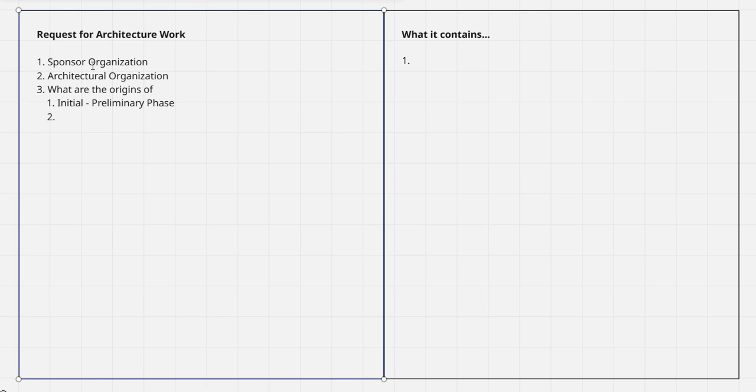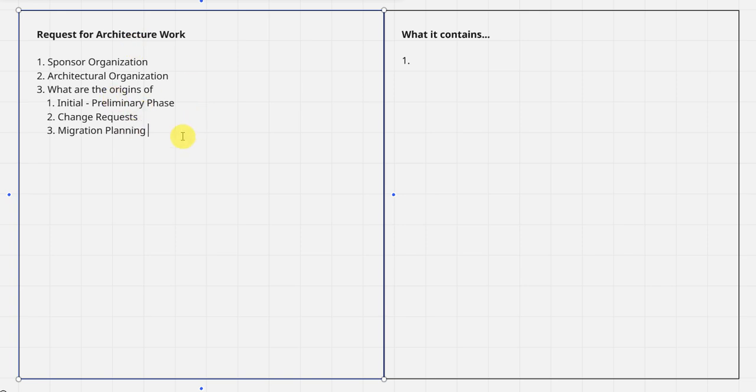And then if there are any change requests, then the request for architecture work can be changed accordingly. And while migration planning, if there are any misses in the initial preliminary phase, then those changes can be accommodated in the request for architecture work. Okay, so that's about request for architecture work, and it's part of the preliminary phase.